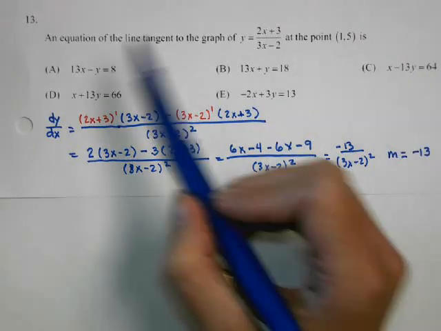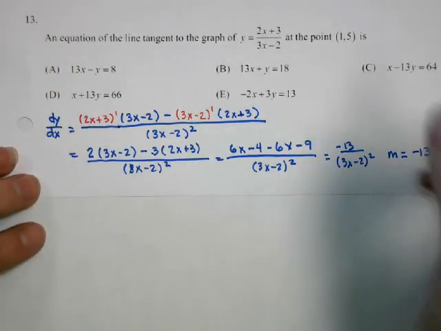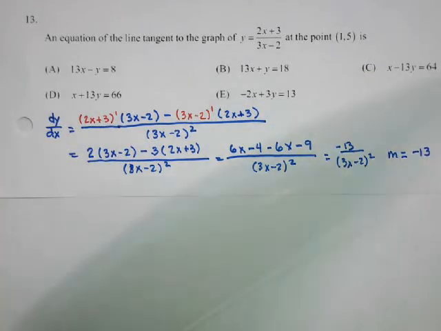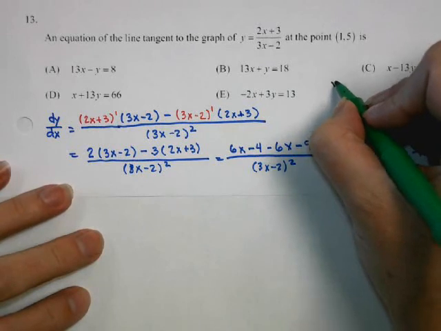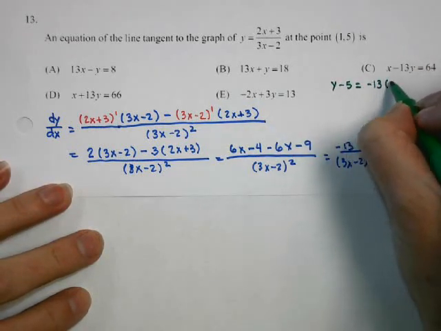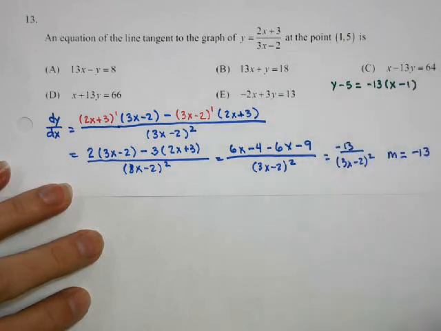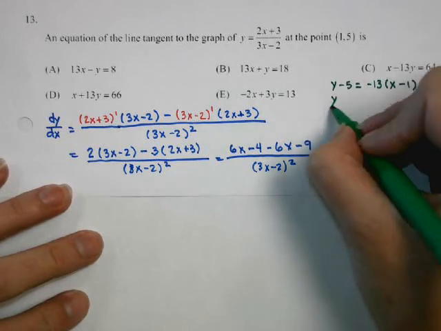So I'm going to plug this into point slope because now I have to figure out which one of these matches. So I'm going to plug my information into the point slope form of a line. So y minus 5 equals negative 13 times (x minus 1). And we're just going to simplify this down.